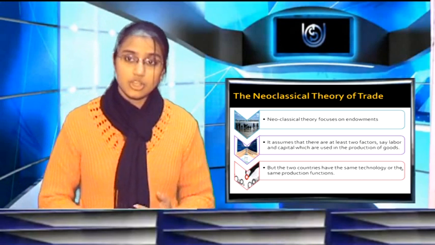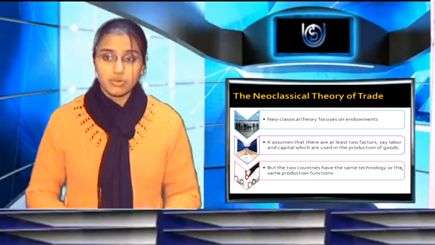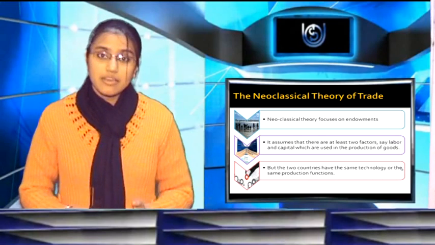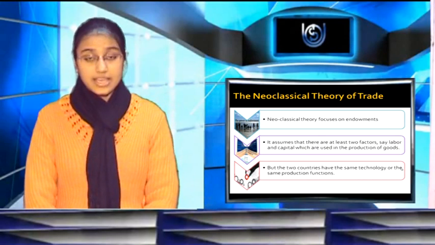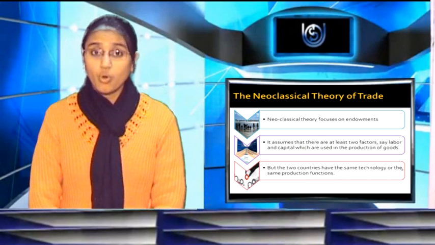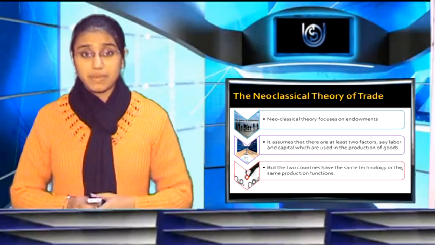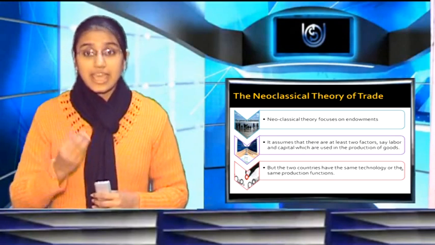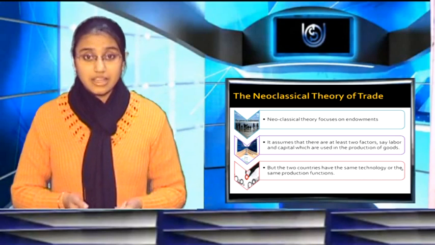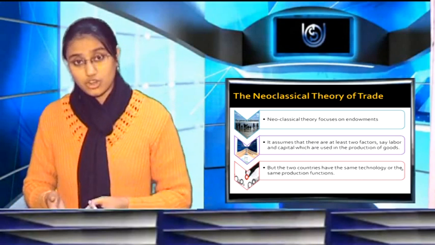The neoclassical theory, by contrast, discusses countries focusing on their endowments. In the Ricardian theory, the whole concept depends upon the technology differences of the two countries. In neoclassical theory, the focus is on factor endowment.